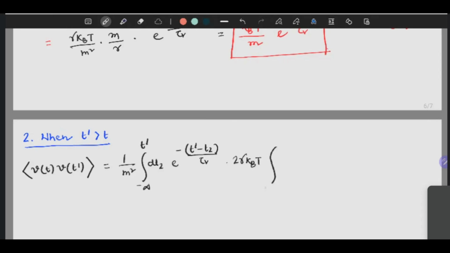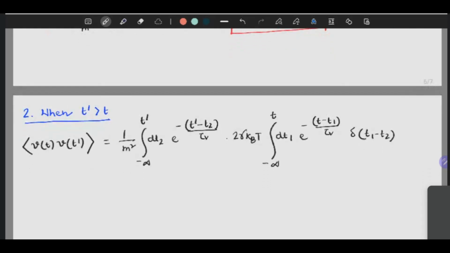The only thing is minus infinity to t dt1 e to the power minus (t minus t1) by tau v into delta (t1 minus t2). Now whenever there is a delta function, that variable will be replaced by this t2. That is a simple thing, right?